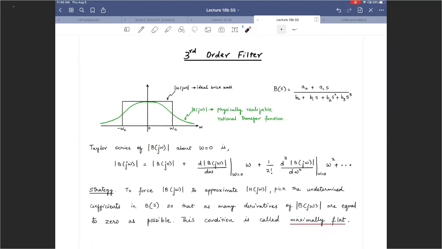In general, I can write B of s as some constant a0 plus a1 s, divided by another polynomial: b0 plus b1 s plus b2 s squared plus b3 s cubed. This is a general third order filter transfer function.